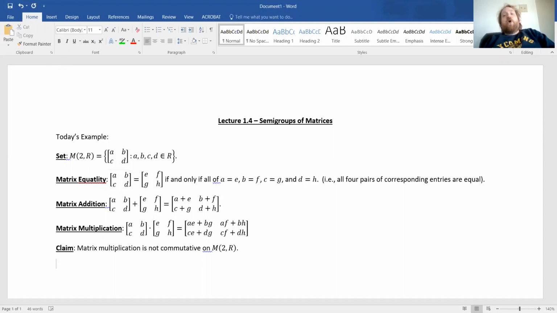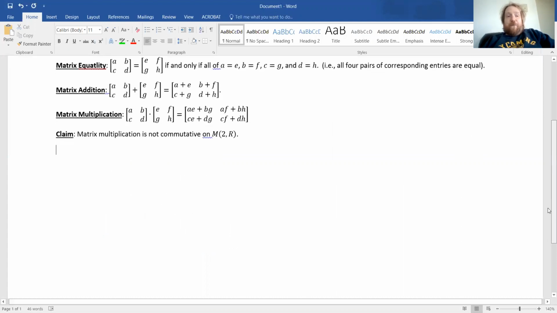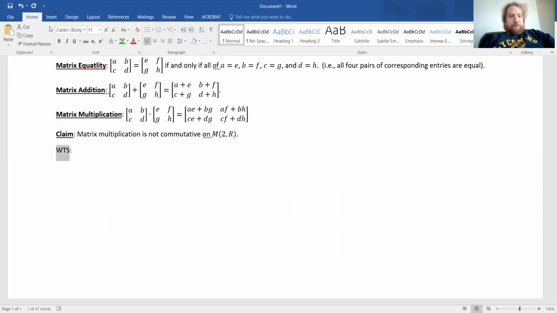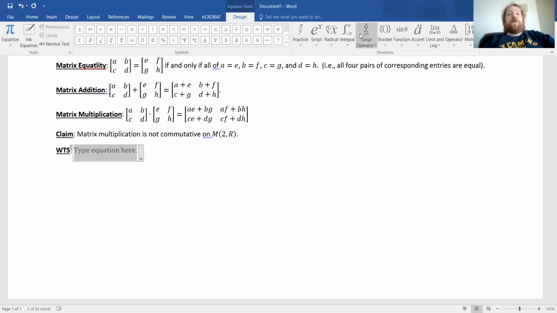Okay, so remember when proving something not commutative, we want to show that there exist A and B in the set such that A star B does not equal B star A. So we think the set here is M2R, and the operation star here is matrix multiplication. Because we're referring to matrices rather than their entries, we're going to use capital letters here.